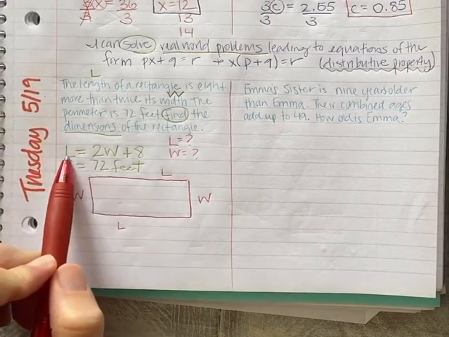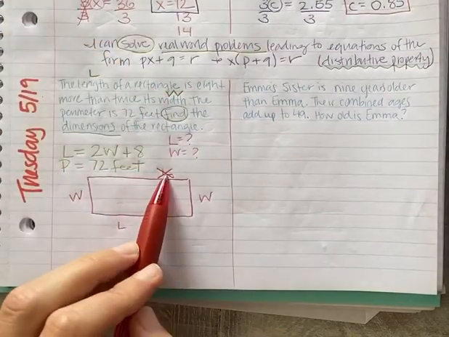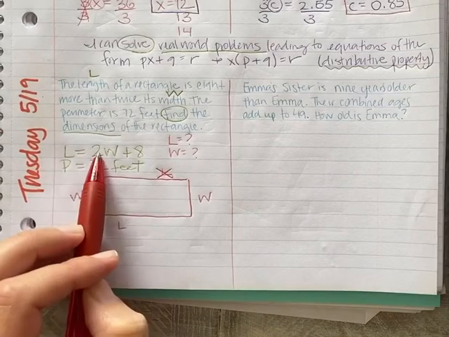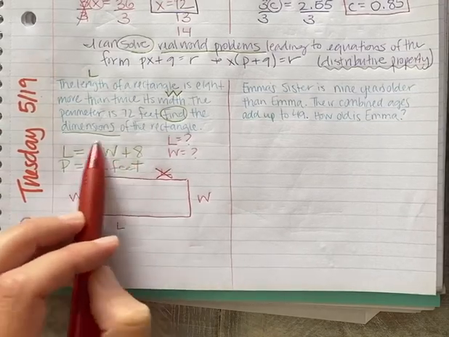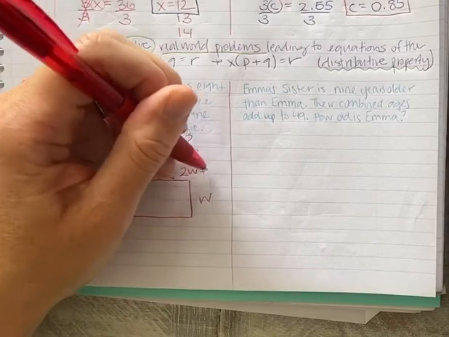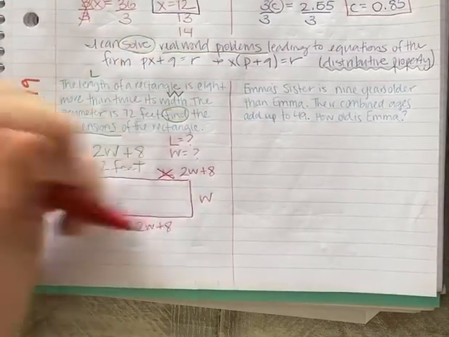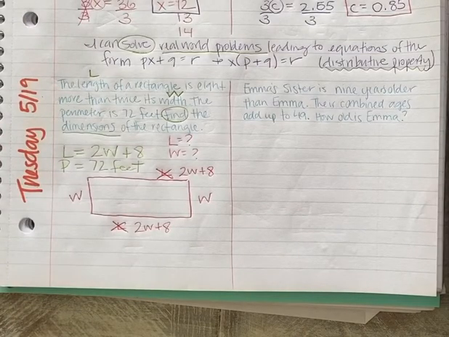Well, we do know the length. So let's actually substitute, instead of writing the length, let's write 2W plus 8 because 2W plus 8 is the length. And if you're thinking, why would we do that?